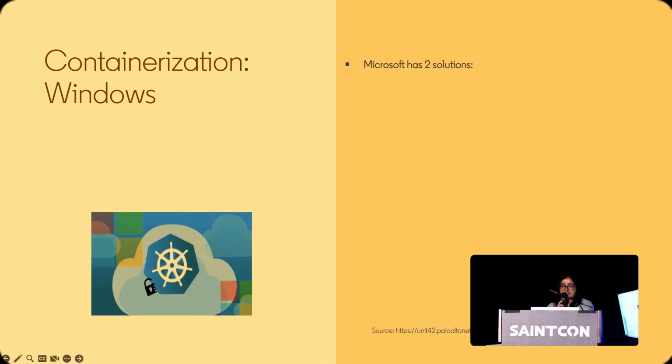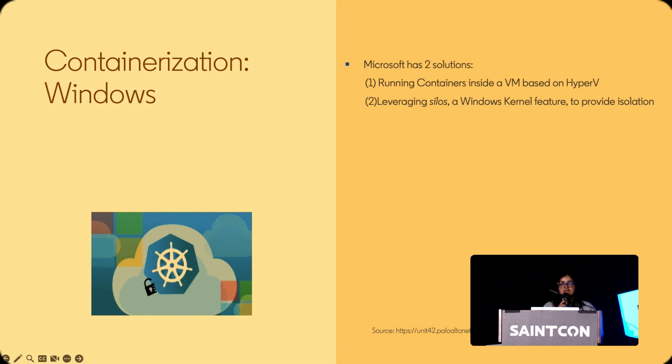So Microsoft has two solutions. One being running containers inside individual virtual machines based on hypervisor. The other, which is the Windows Server container in the context of this particular attack scenario that we are discussing, leverages something called silo objects, which is a Windows kernel feature to enforce isolation.